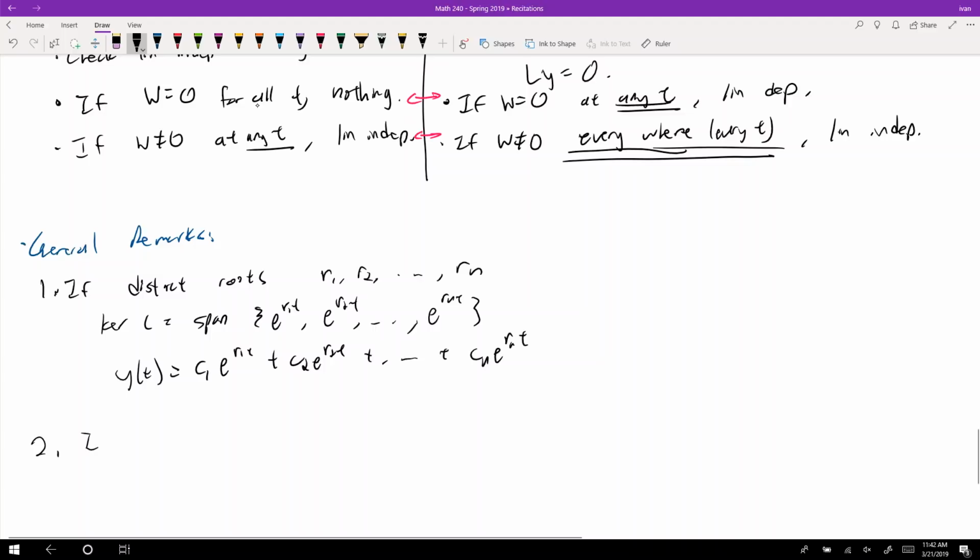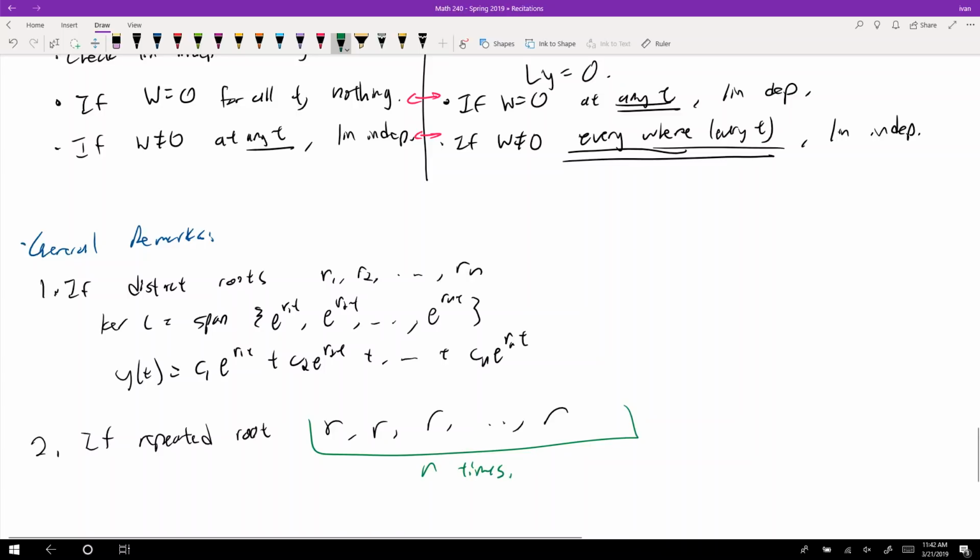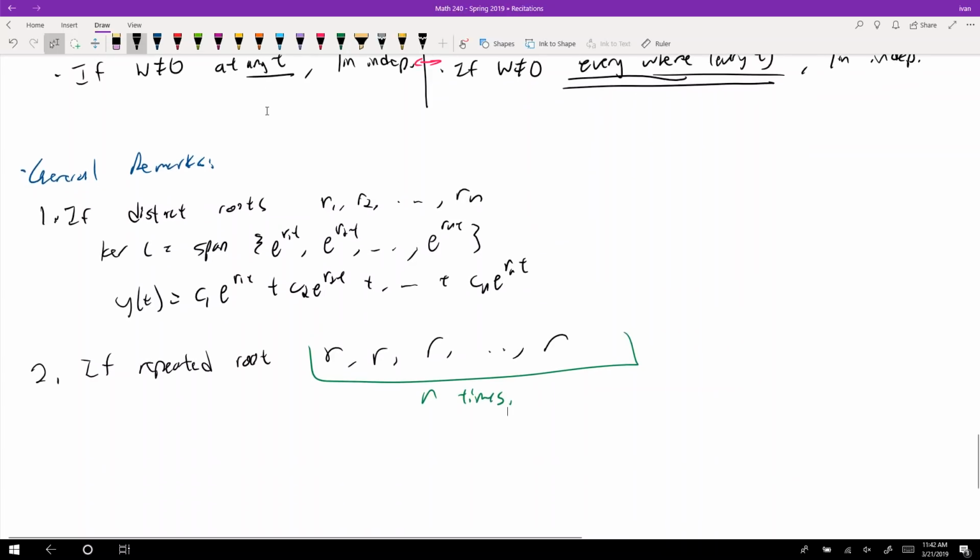Okay, if you have a repeated root, and let's say R, repeated n times, then the kernel of L is equal to the span of e^(Rt), t e^(Rt), t squared e^(Rt), all the way over to t^(n-1) e^(Rt).